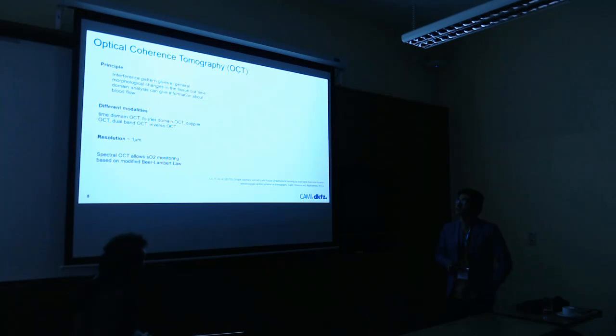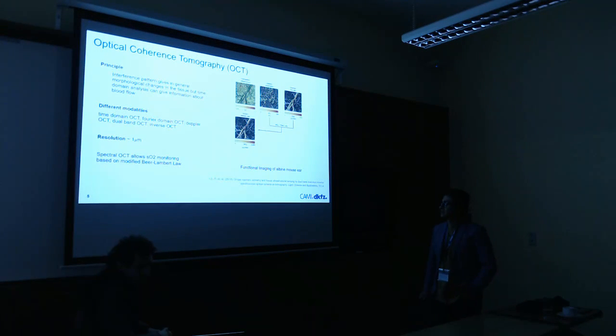So let's talk about a couple of these techniques. The first one is optical coherence tomography, which you might have heard of because it's widely used in ophthalmology. One of its nice characteristics is that it can give you a very nice contrast of the different kinds of tissues, and it can also give you an idea of the oxygen content and the flow rate of blood in the tissue.